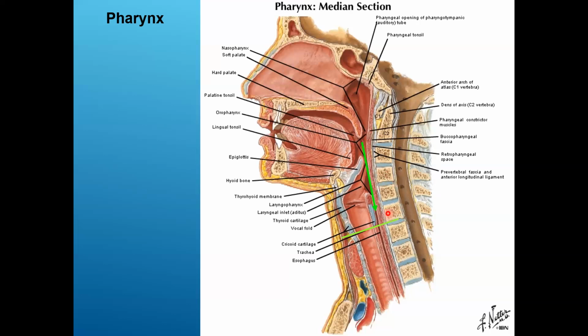So when we say the esophagus starts at the level of C6, it means the beginning of the esophagus is at the level of the sixth cervical vertebra. When we say this is at the level of T5, it means it is at the level of the fifth thoracic vertebra, okay? So the esophagus starts here at the lower border of the cricoid cartilage, between C6 and C7. And as you see here, it is between the vertebral column and the trachea, right?